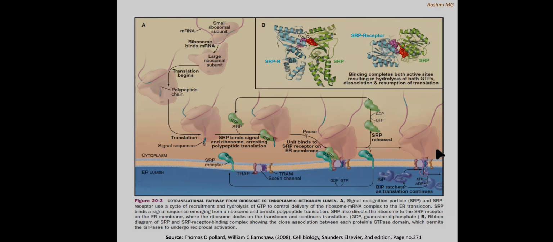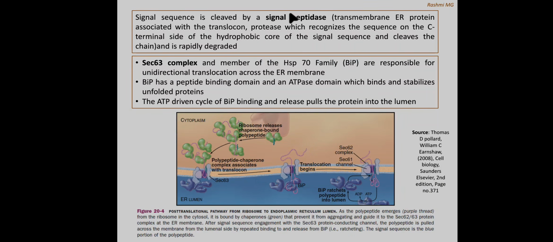The signal sequence is cleaved by the enzyme signal peptidase. It is cleaved by the signal peptidase associated with the translocone, a protease which recognizes the sequence on the C-terminal side of the hydrophobic core of the signal sequence and cleaves the chain, and the signal sequence is rapidly degraded.